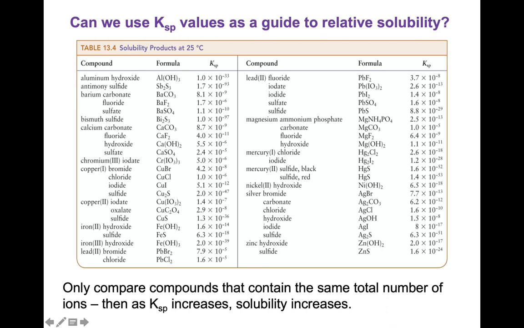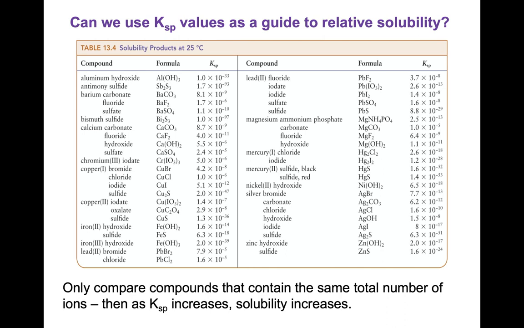We could compare copper bromide, copper chloride, copper iodide, because all 3 of those break apart into 2 ions, and then we can see that there is a periodic trend there, that the copper chloride is more soluble than the bromide, which is more soluble than the iodide. So this is a short table of KSP values.